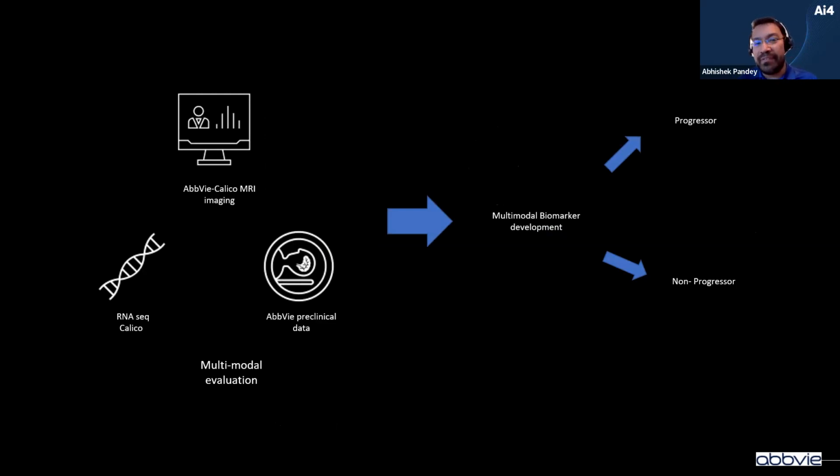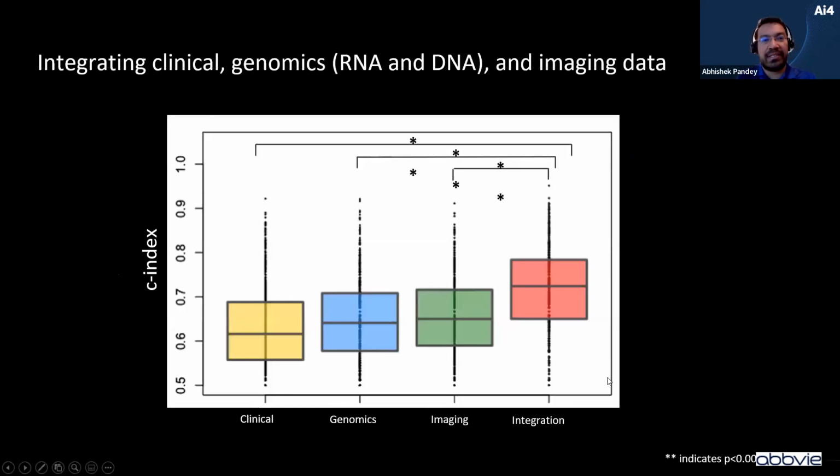When you concatenate different modes of data together, for example, RNA-seq or MRI data or preclinical data or proteomics data or metabolomics data, you can come up with an insight which can be more powerful than the single modes of data, as depicted in this mock-up table, where the C index improves when you combine the clinical, genomics, and imaging data together, and the integration has a better C index than the rest of them.